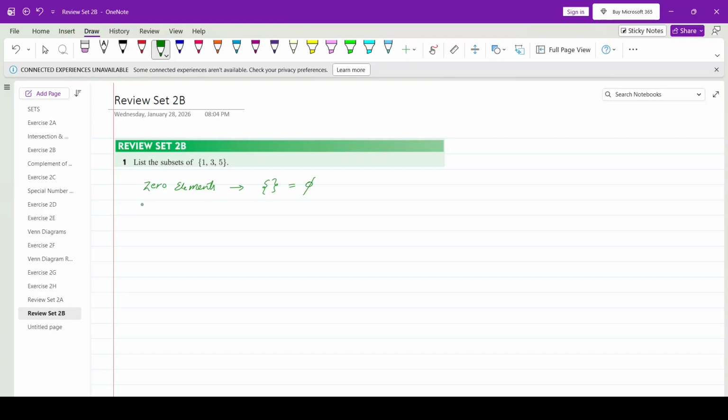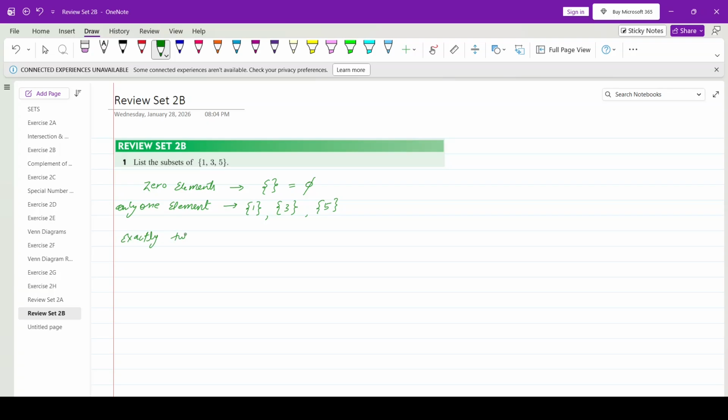Now all the subsets containing only one element, that is going to be 1, 3, and 5. Now we'll take all the subsets containing exactly 2 elements.